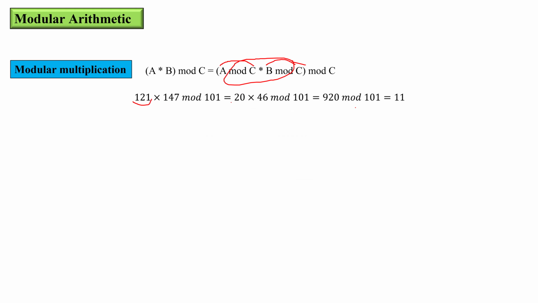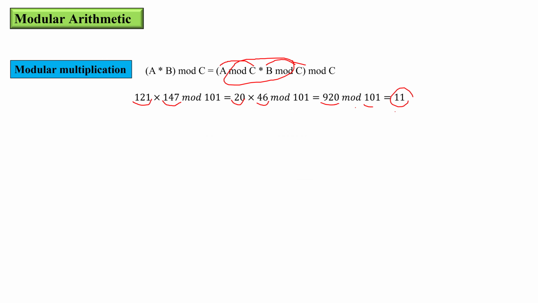So 121 mod 101, using the website, you will see that it is equal to 20. And then 147 mod 101 equals 46. And then the multiplication of these two values is 920. And using the website, you will see that 920 mod 101 equals 11.